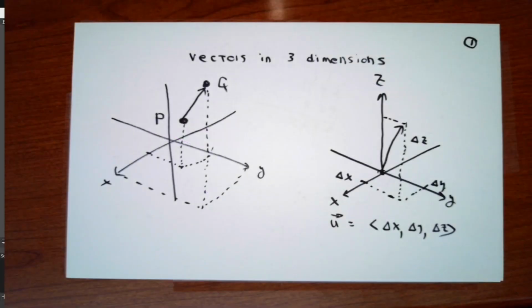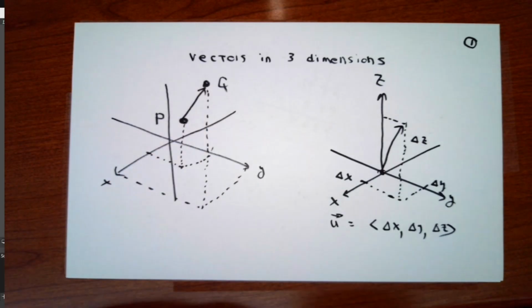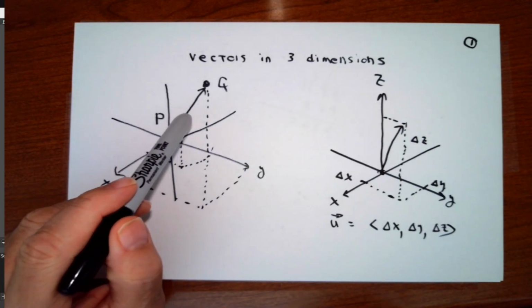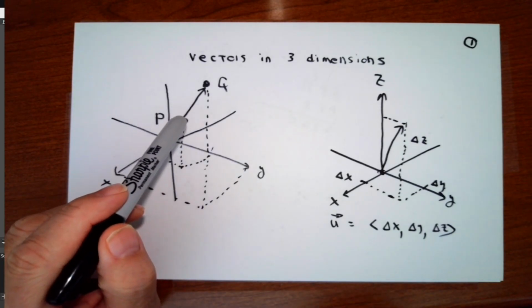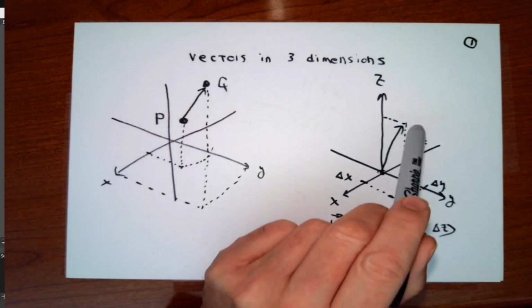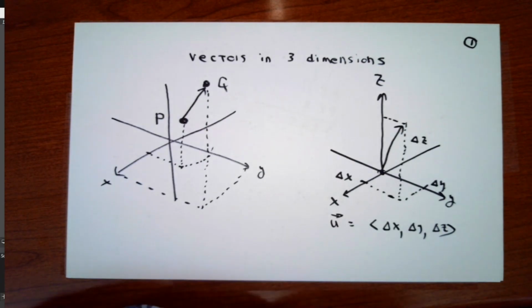In every vector, I start at the initial point, I end at the terminal point. I'll call the amount that the x-coordinate increases delta x, the amount y increases by delta y, and z by delta z. Out of all vectors that have the same length and direction, one of them has its initial point at the origin. The terminal point will be the amount that x, y, and z increased.